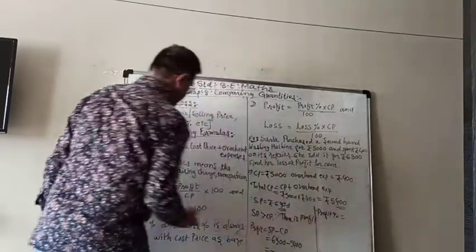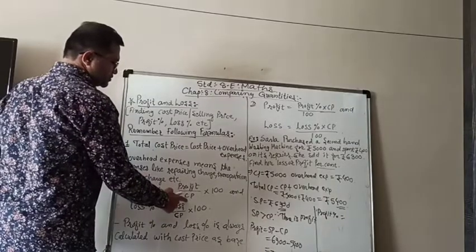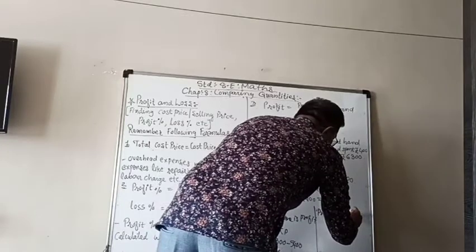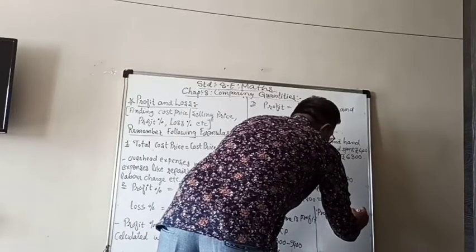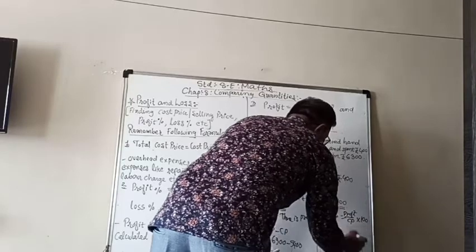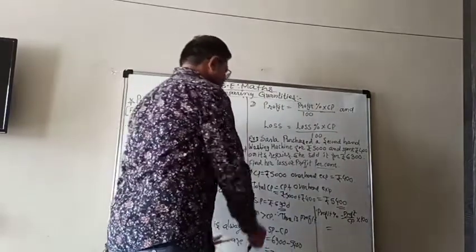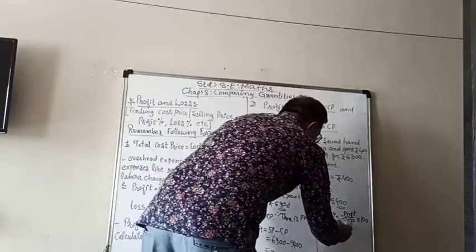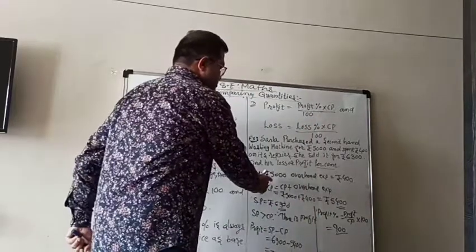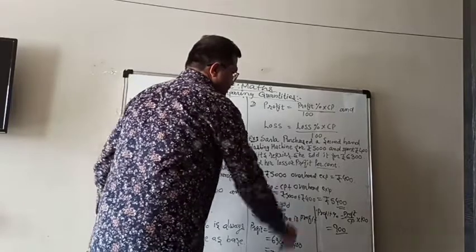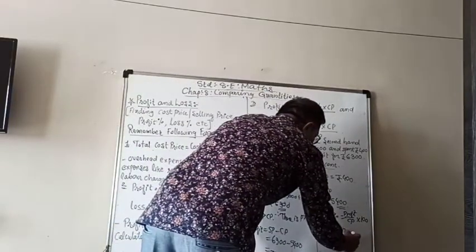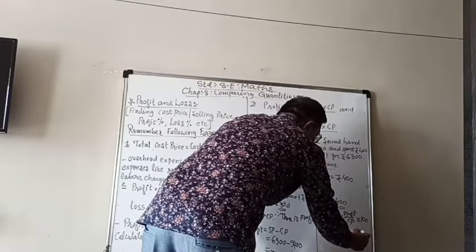So we have the formula here. Profit percent is equal to profit upon CP multiplied by 100. So now profit is how much? Rupees 900. CP, now we have to take not just CP but the total CP, means 5400, multiplied by 100.